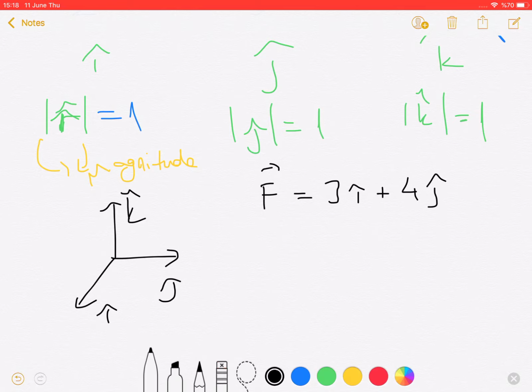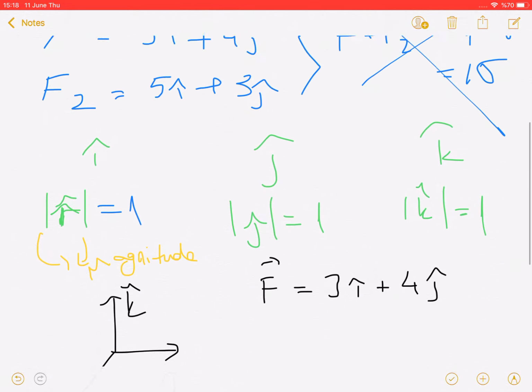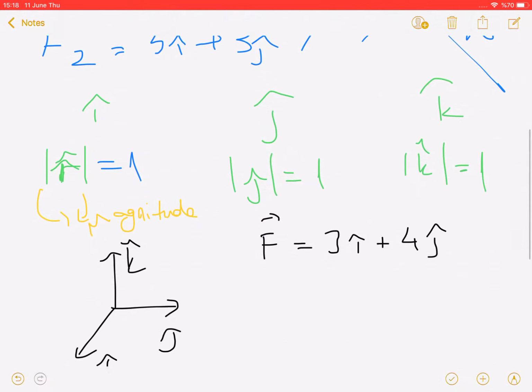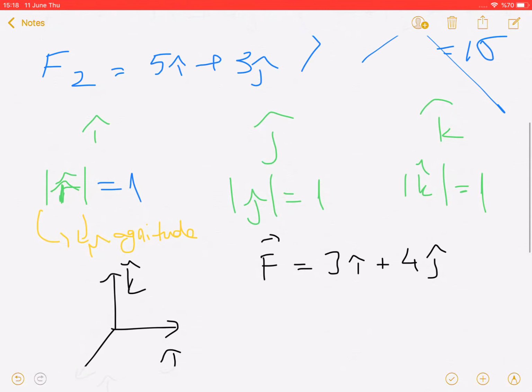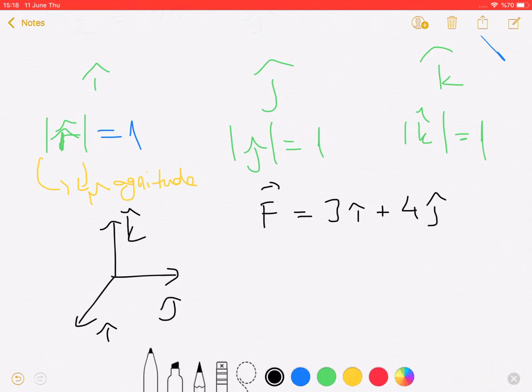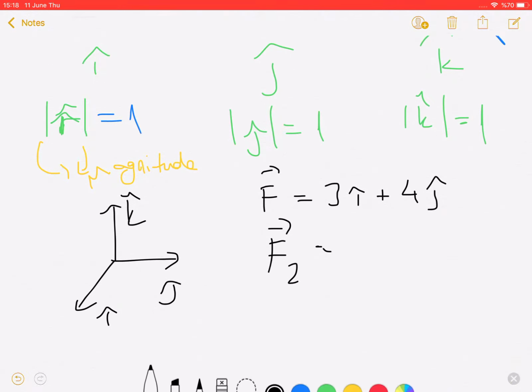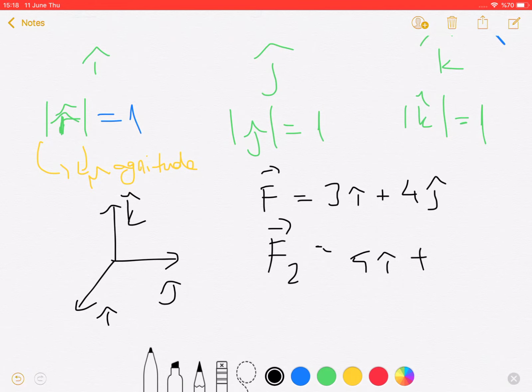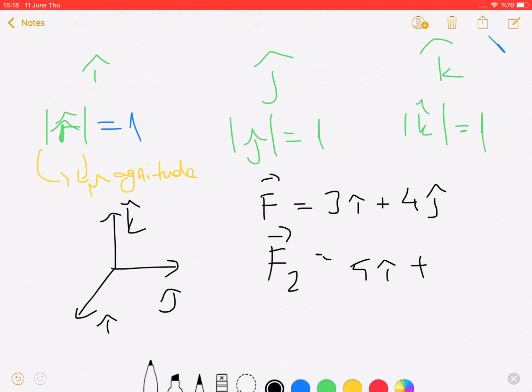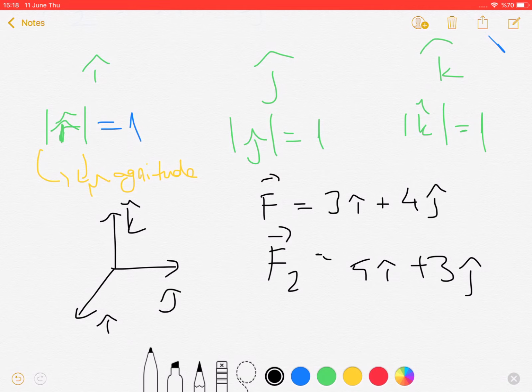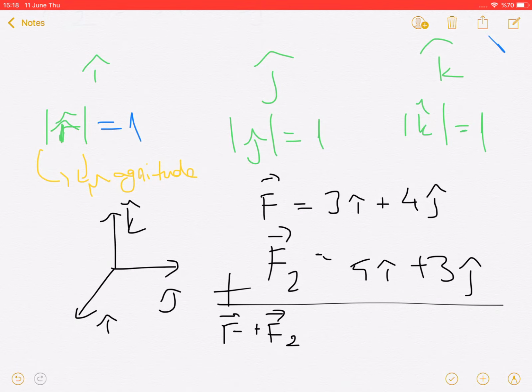Then, what was my question? My question is F plus F2. What was F2? Let's write it down. F2 equal to 5i hat plus, I don't remember, okay, 3j hat.